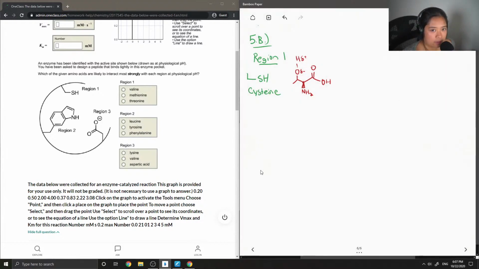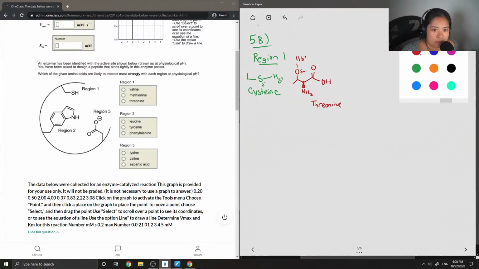And if I were to also draw our cysteine in this way as well, and again there's a slightly positive hydrogen, slightly negative sulfur. And you can see that hydrogen bonding can take place for these two amino acids. So therefore, since they can form hydrogen bonds, therefore it's threonine.